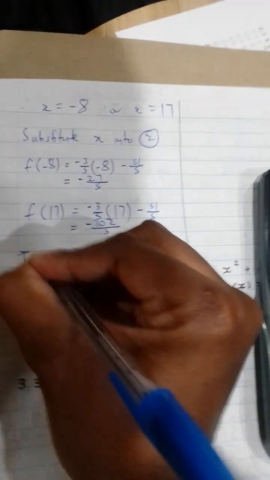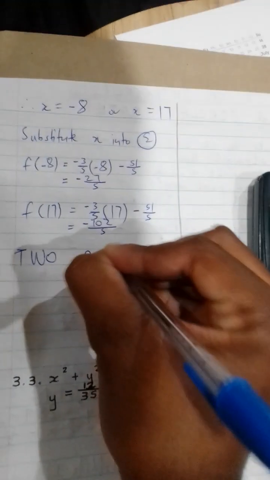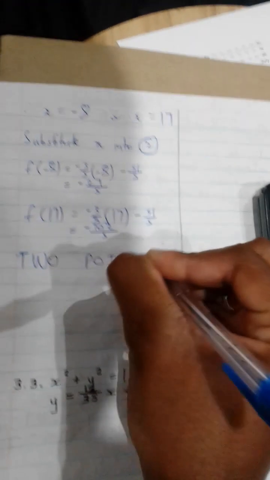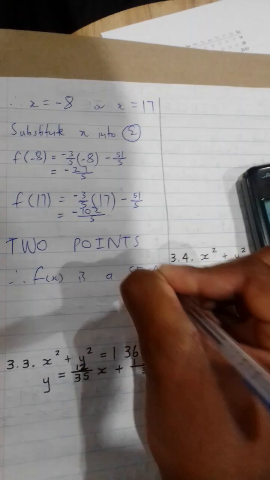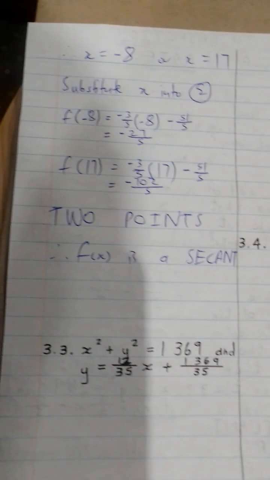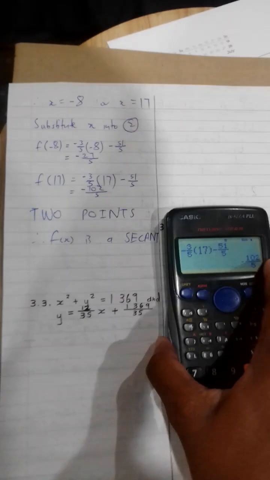Two points. Therefore, f of x is a secant. Right? Now we already did this in the straight line.